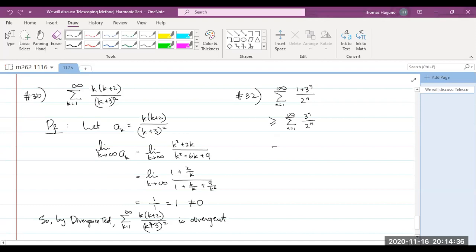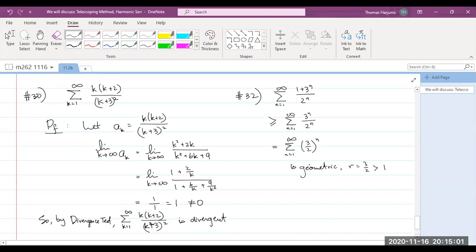Right? But that is equal to the series of (3 over 2) to the n. Notice that the last one is geometric with r equals 3/2, which is greater than 1.